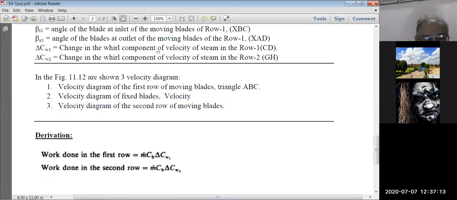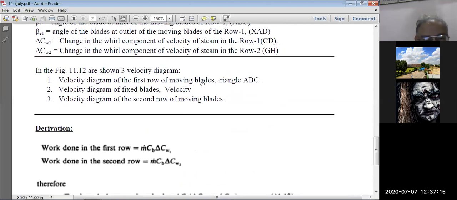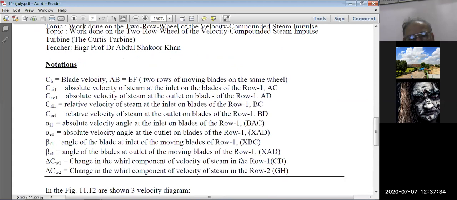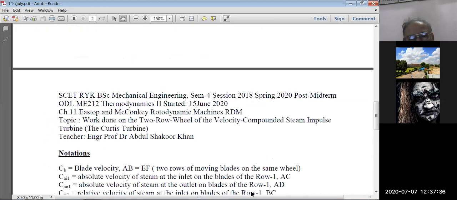These are the symbols. Now in figure 11-12, which I have shown you above, three velocity diagrams are shown. Number one, the velocity diagram of the first row of the moving blades, ABC; then the velocity diagram of the fixed blades, where only the velocity entering and leaving the fixed blade is shown; and the velocity diagram of the second row of the moving blades, that is this diagram.